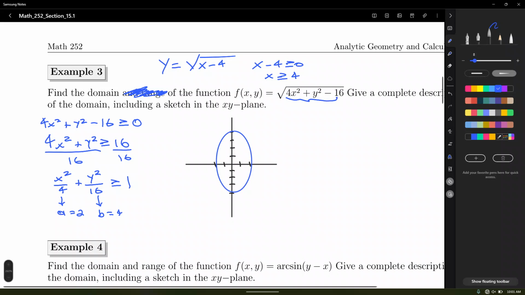So that is centered at the origin with x-intercepts at plus and minus 2 and y-intercepts at plus and minus 4. All right. But hold on, we're not just graphing the equation, we're graphing a non-linear inequality.